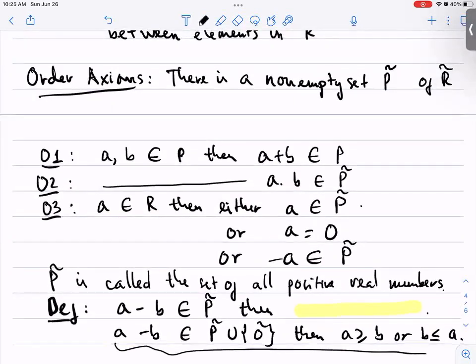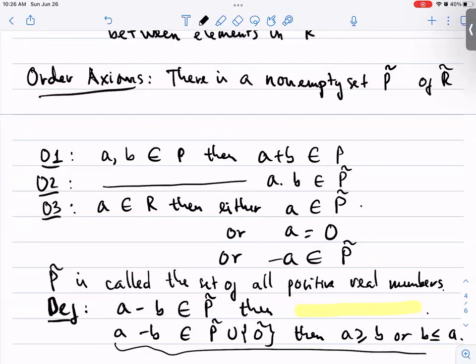So P here is an abstract subset of the set of abstract real numbers. But for intuition, the thing about P here is the set of positive concrete real numbers.